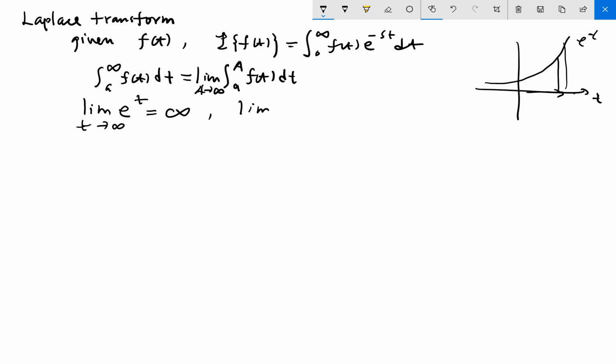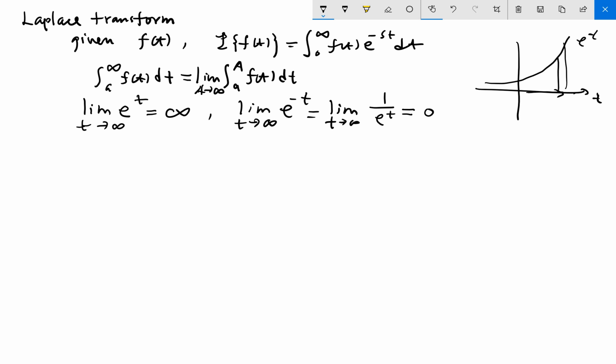On the other hand, what's the limit of e to the negative t as t goes to infinity? e to the negative t is 1 over e to the t. Your denominator is getting bigger and bigger when t goes to infinity, so your whole thing is getting smaller and smaller, goes to 0. So remember the limit of those two things.